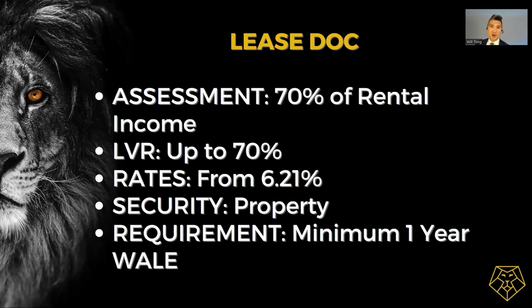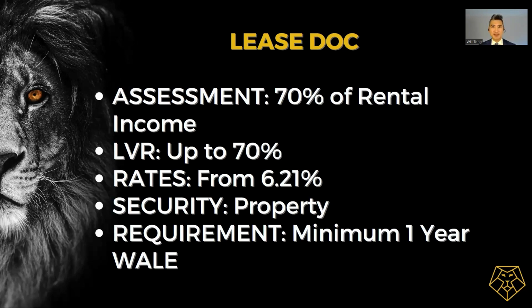The next one is a lease doc loan, something that's becoming very, very popular recently. With this one, the lender will assess the property in isolation without considering your income statements or your financial capacity. And the way they do that is they assess the existing income in the property.